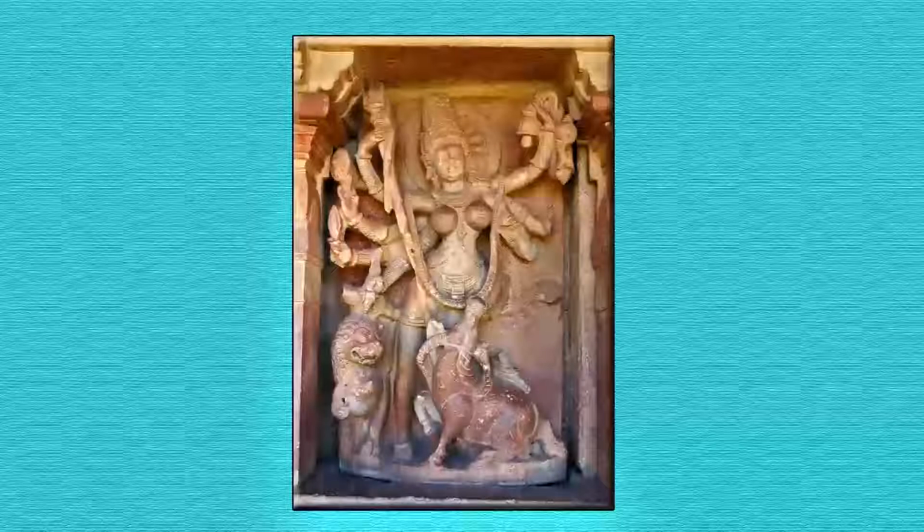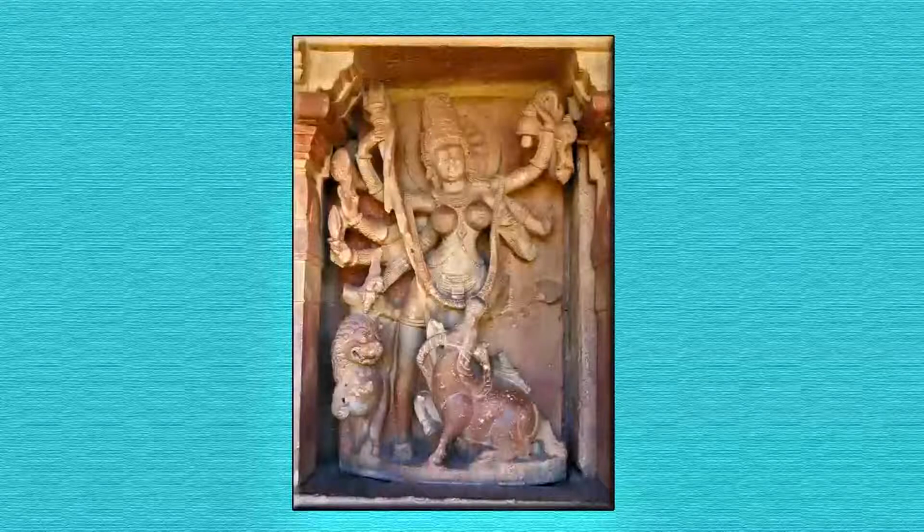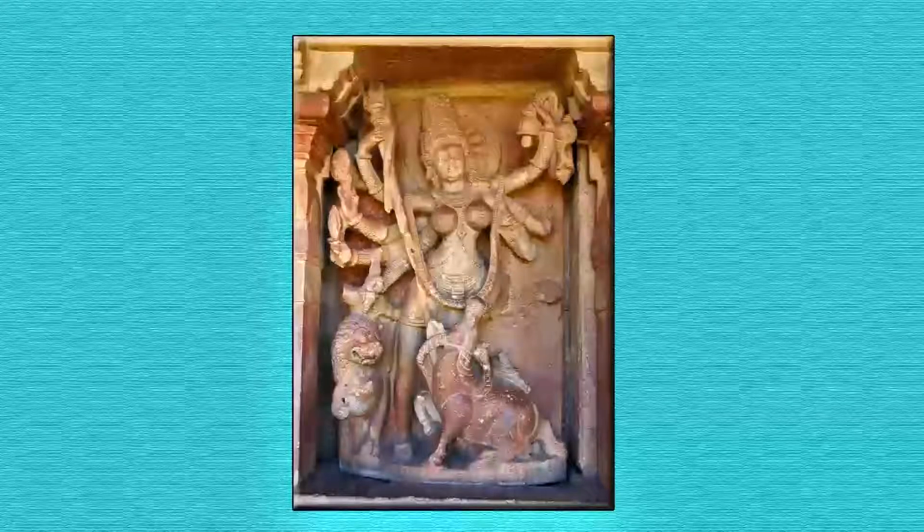Sculptures are even found, particularly religious icons, in the deep niches, in the deep recesses of what we call the Garbhagriha in temples. This is one such example from the Durga temple located at Aihole in Karnataka.